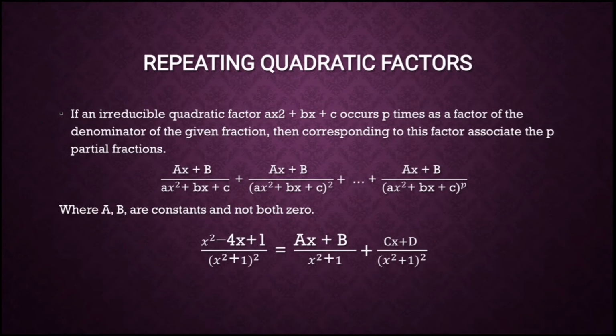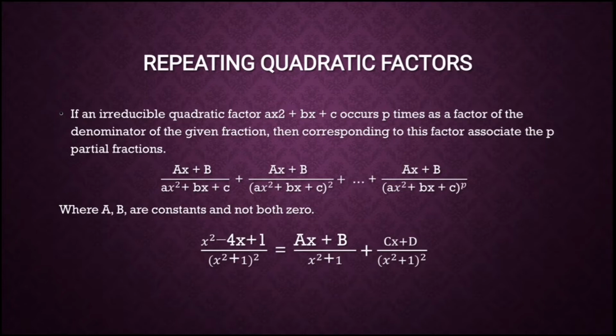When we say repeating quadratic factors, if an irreducible quadratic factor ax squared plus bx plus c occurs p times as a factor of the denominator of the given fraction, then corresponding to this factor we associate p partial fractions, meaning the denominator of a certain fraction would repeat p times.